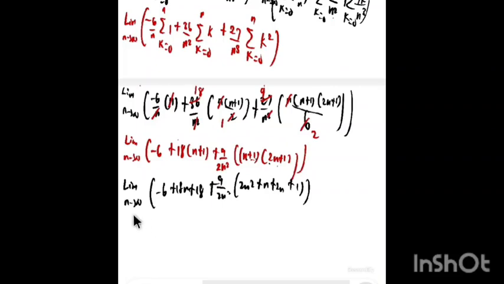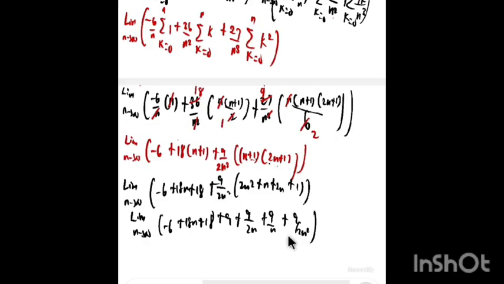So we have the limit of negative 6 plus 18n plus 18. If you open the bracket, 2n squared cancels 2n squared, so we have plus 9, then plus n cancels n here, so you have 9 over 2n, and then n cancels n here, and 2 cancels 2, so you have 9 over n, then plus 9 over 2n to the second power.